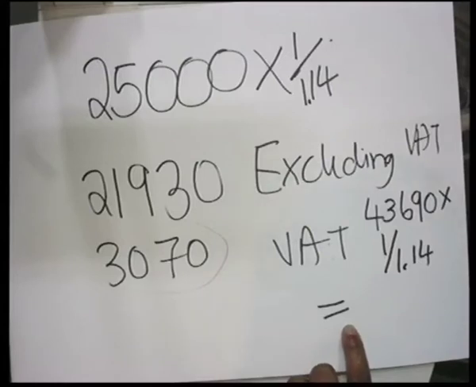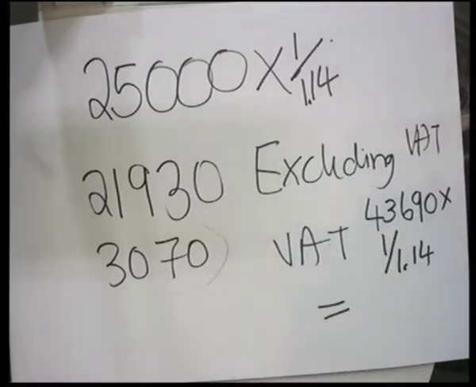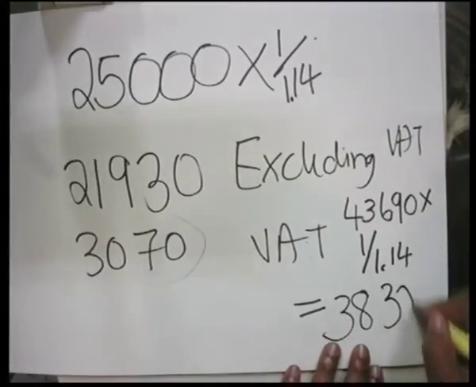43,690 times 1 divided by 1.14 equals 38,325.